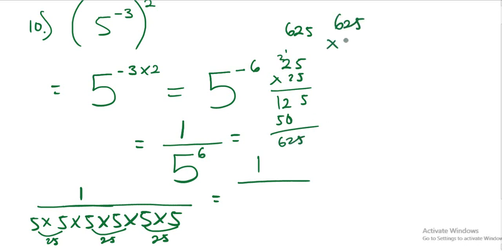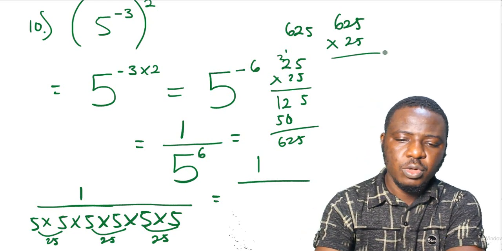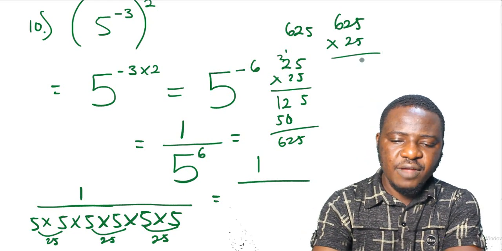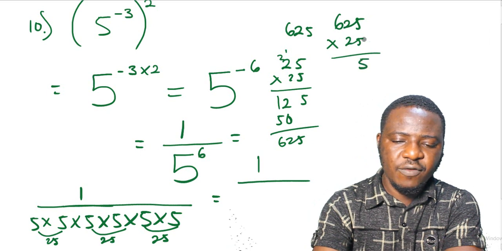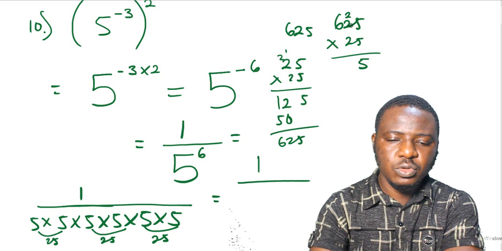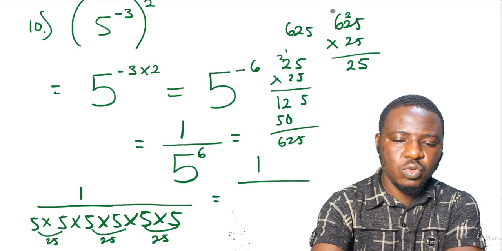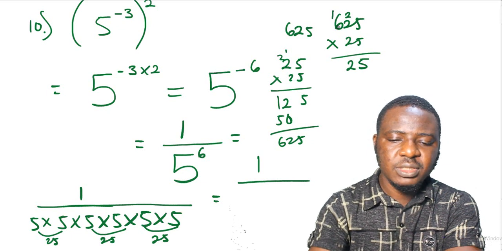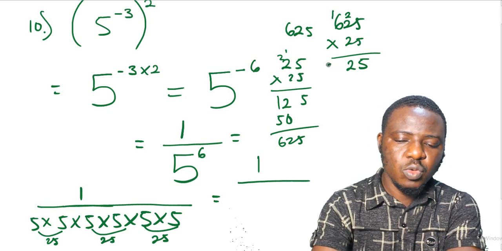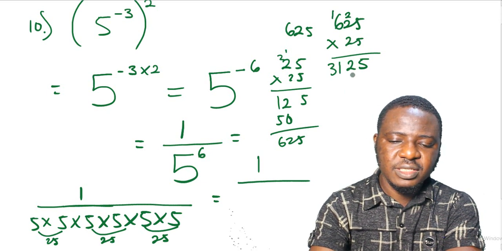So 625 is to be multiplied by another 25. That means 25 cubed. So 5 times 5 is 25. You write down 5 and carry 2. 5 times 2 is 10. 10 plus 2 is 12. You write down 2 and carry 1. 5 times 6 is 30 plus 1, 31. 2 times 5 is 10.